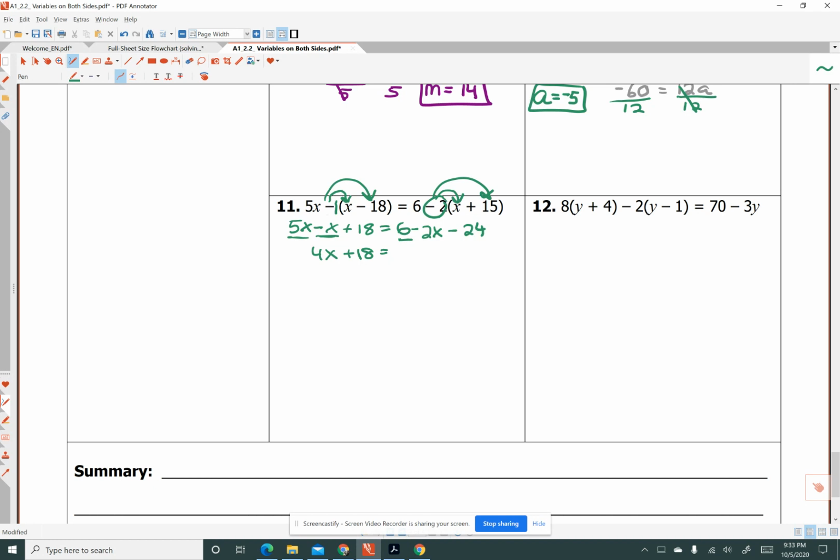Where did I get that 24? I'm sorry. It's getting late for me. That should be a 30. Okay, we can combine the 6 and the -30 for a -24. So let's bring down a -2x, 6 minus 30, -24.